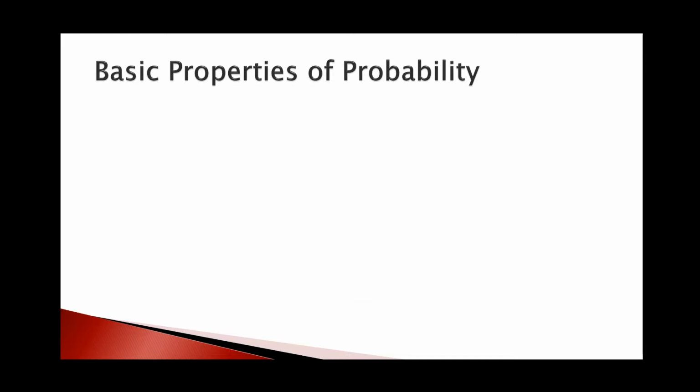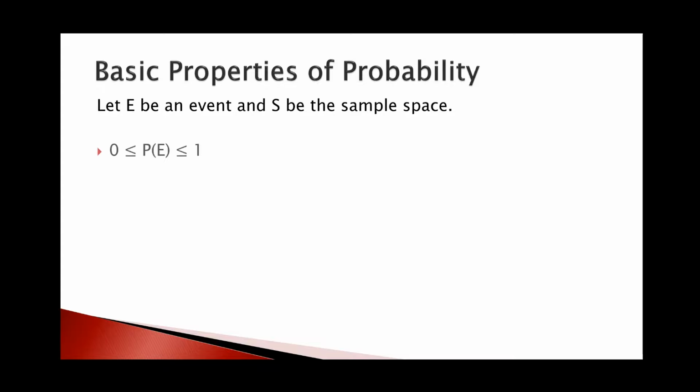Now, when we calculate probability, we want to know whether the probability we achieved is valid or not. And in order to do so, we'll compare it with the basic properties of probability. Let E be an event and S be the sample space. Then the probability of E must be greater than or equal to 0 and less than or equal to 1.